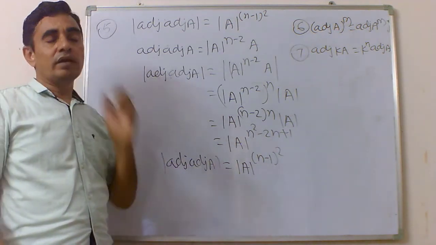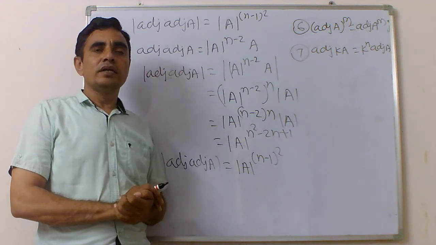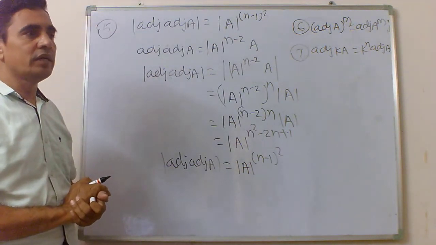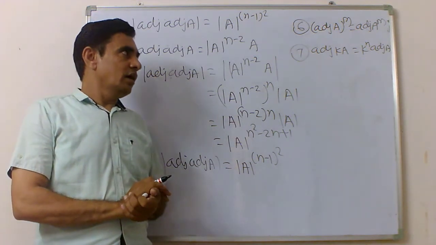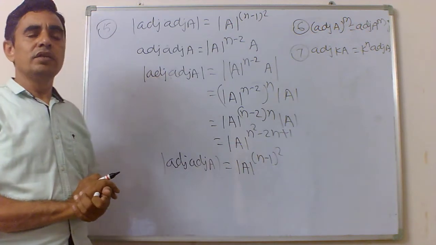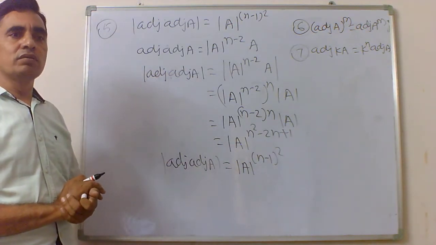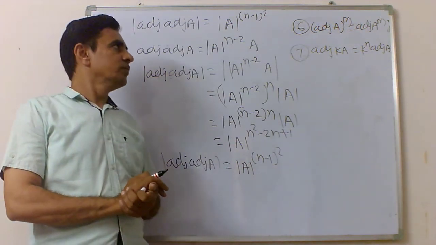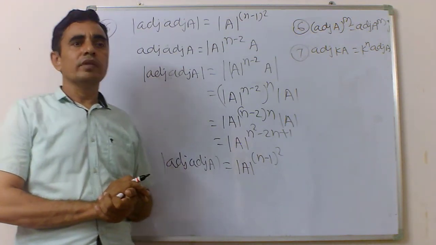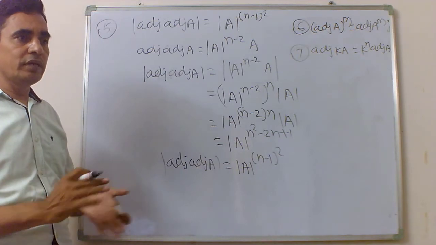Inverse of upper triangular matrix is an upper triangular matrix. Adjoint of upper triangular matrix is again upper triangular matrix. Adjoint of lower triangular matrix is a lower triangular matrix. Inverse of lower triangular matrix is a lower triangular matrix. So in this way we complete the properties of adjoint of matrix.